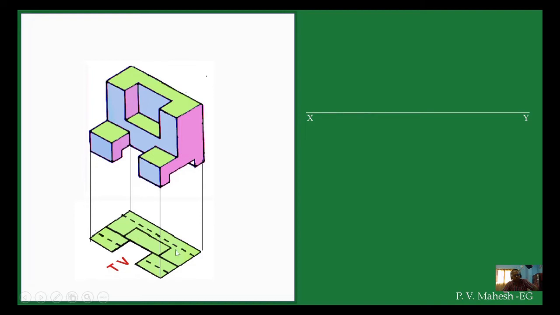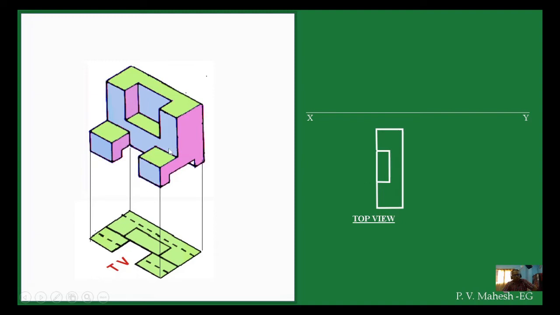we'll first draw the top view. So how to draw the top view? First you draw this hook type of portion. Okay, this we are drawing. This is the hook type of portion. Now this one we have drawn, and these vertical lines will collapse into points. So this portion will come in here. It will become like this.